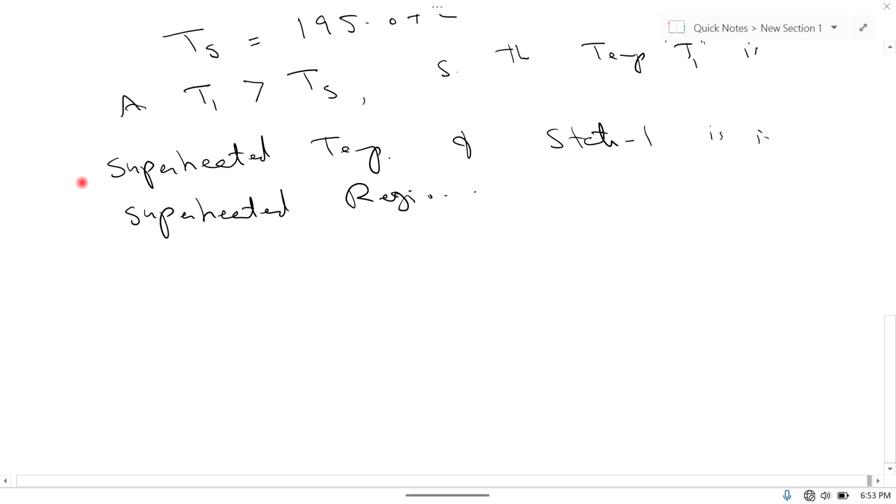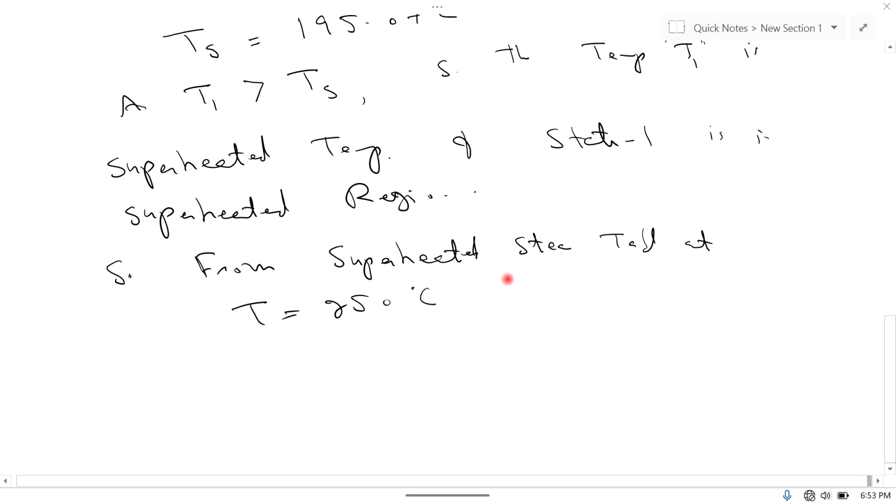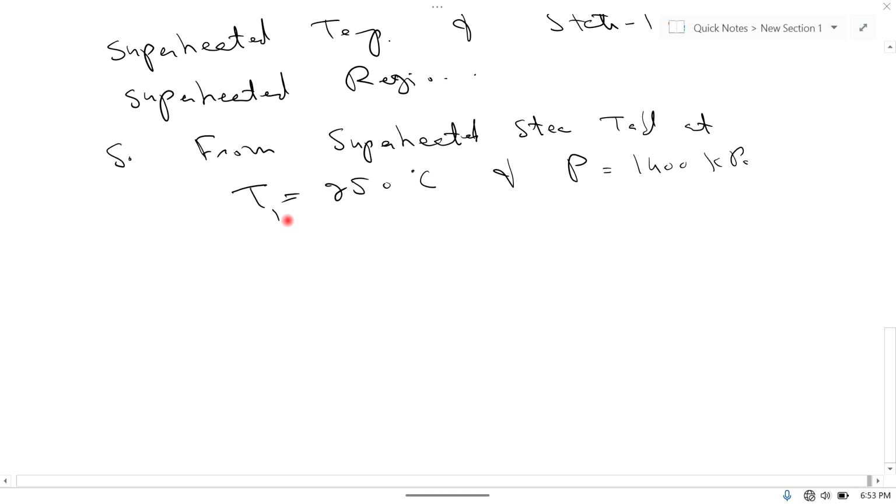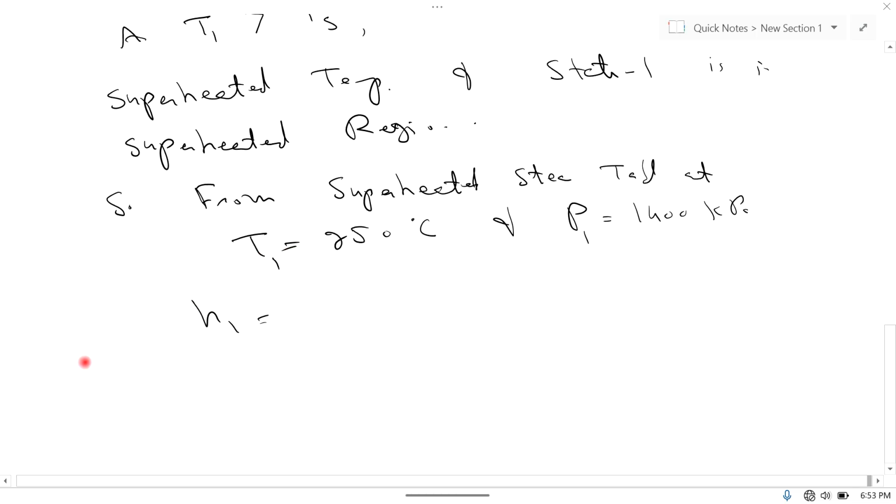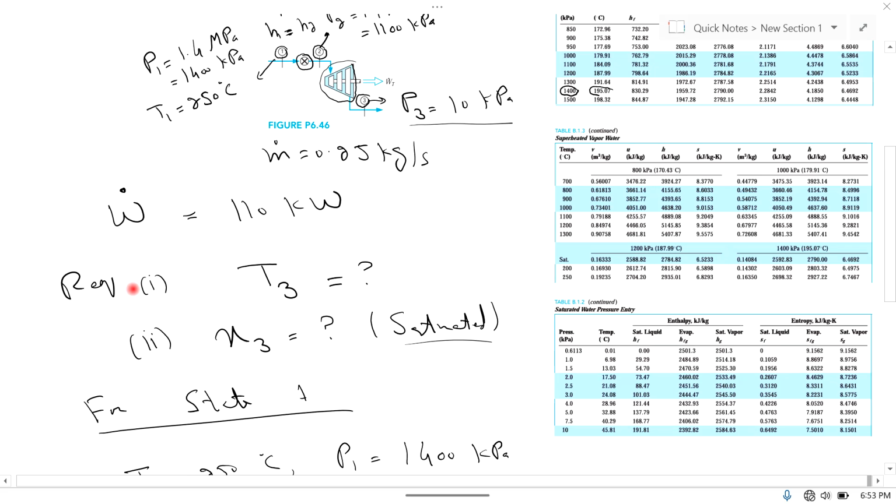So to find H1 we will use the superheated steam table. From the superheated steam table, at temperature equal to 250 degrees centigrade and pressure equal to 1400 kilopascal, find H1. This is the superheated steam table, and here pressure is 1400 kilopascal and temperature is 250.